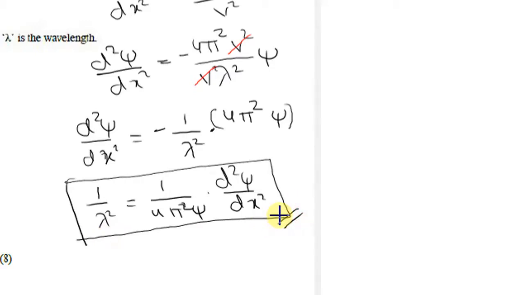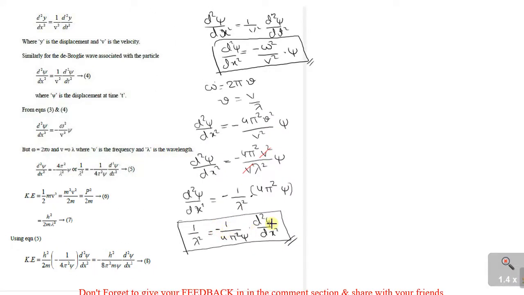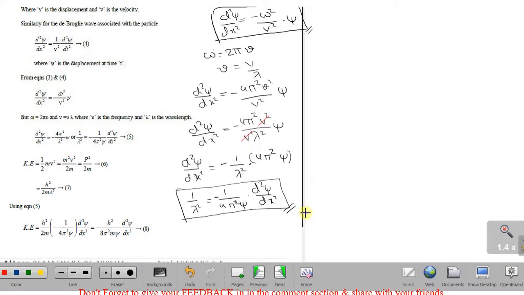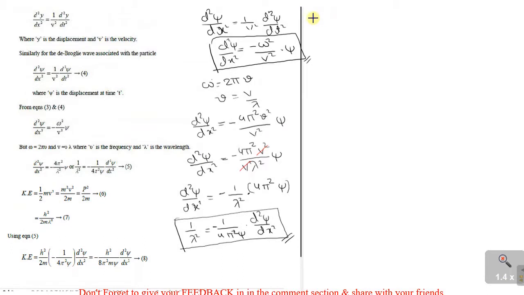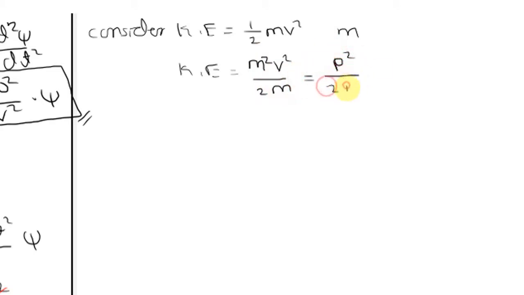Once we arrive at this equation, one more thing I forgot to mention, that is the minus sign. Now let us consider the kinetic energy equation, that is half mv². Rearranging by multiplying numerator and denominator with m, we get kinetic energy = m²v²/2m, which is nothing but p²/2m.